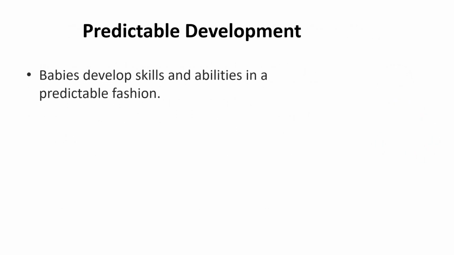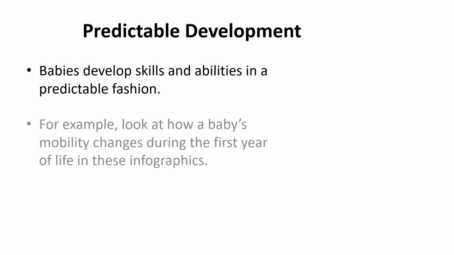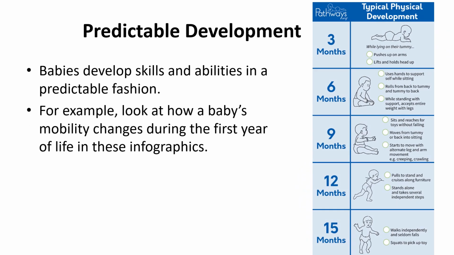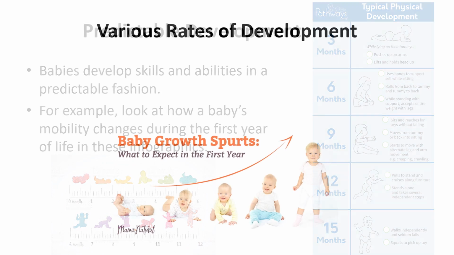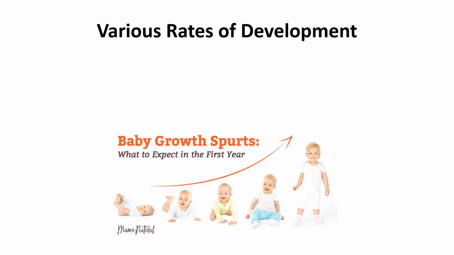And then the last thing here is that babies develop at various rates of development. So the infographic here kind of shows how a baby goes from lying on their back to standing, but we can't expect all babies to do things at the same time.